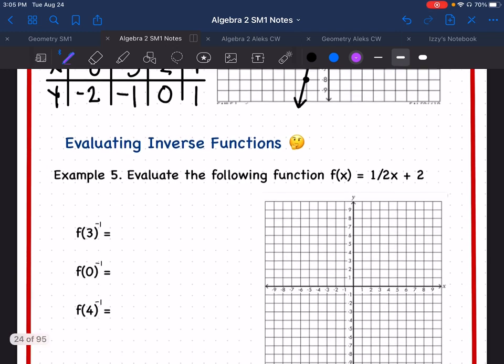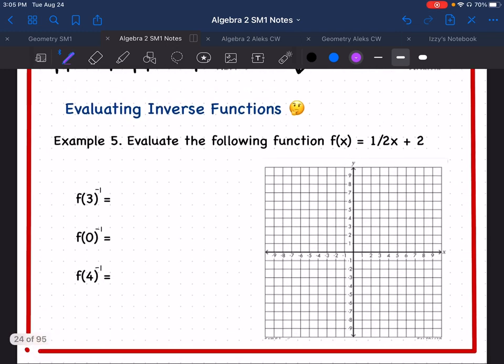All right, the very last thing I'd like to talk to you about in this lesson is how to evaluate the inverse functions. So let's evaluate the following function, which is f of x equals 1/2 x plus 2. I'm going to graph this function, and then I'm going to come back and put some ordered pairs on there.